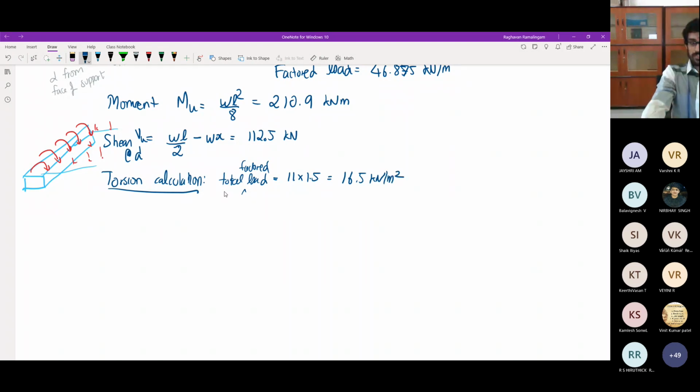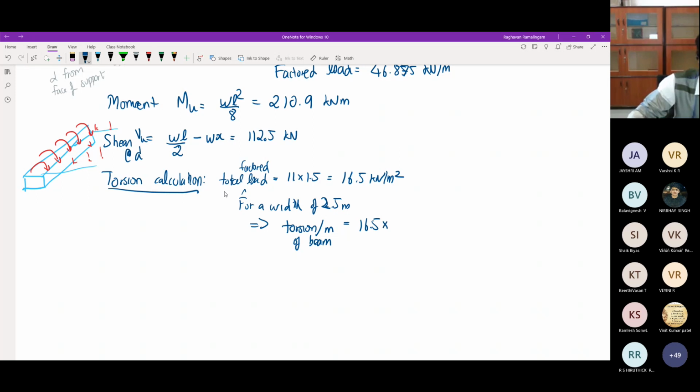Okay, this much kilonewton per meter square, and it acts for a width of 2.5 meters. So therefore torsion per meter is 16.5 per meter of beam, 16.5 into 2.5. How much?